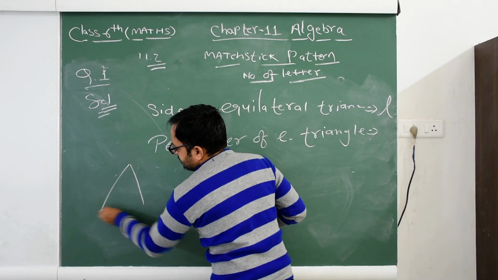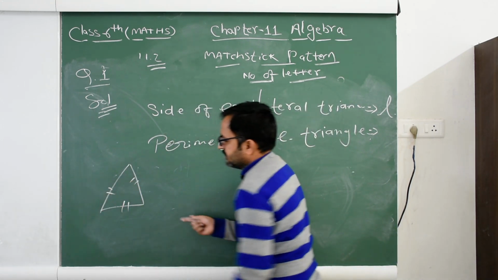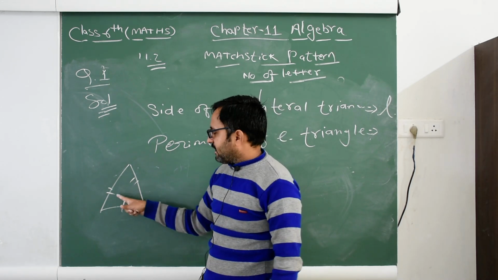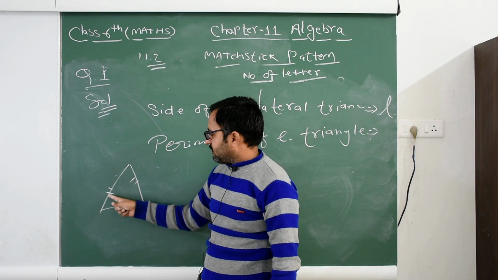An equilateral triangle is a triangle in which all sides are equal. In a triangle we have 3 sides, 1, 2 and 3.